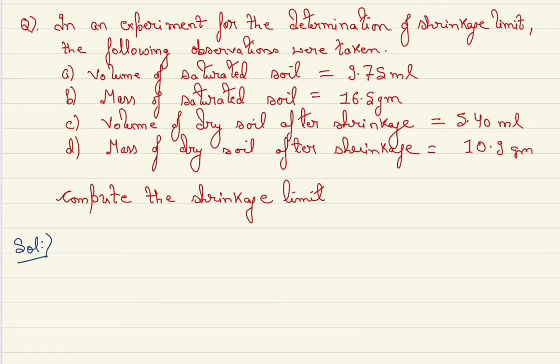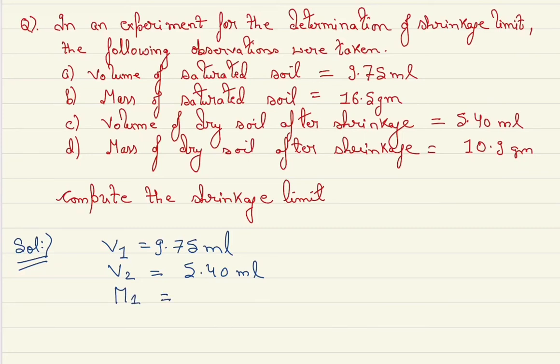So whatever we have studied in shrinkage limit, using that knowledge we can say that V1 is 9.75 ml, that is stage 1 volume, and V2, that is after drying, is 5.40 ml.